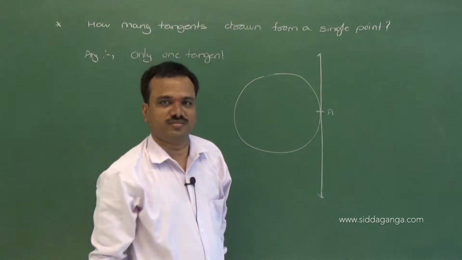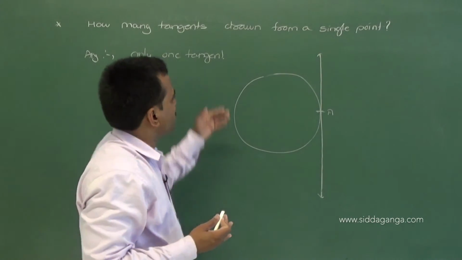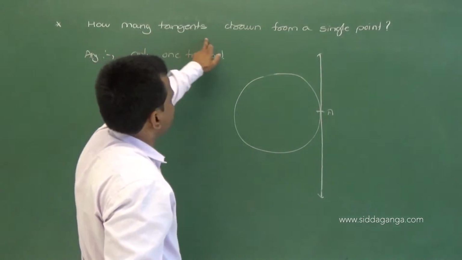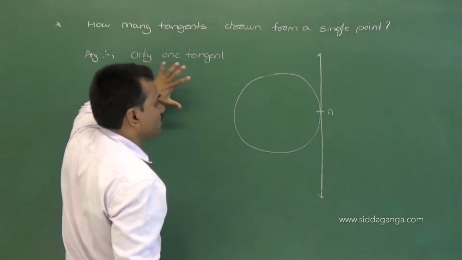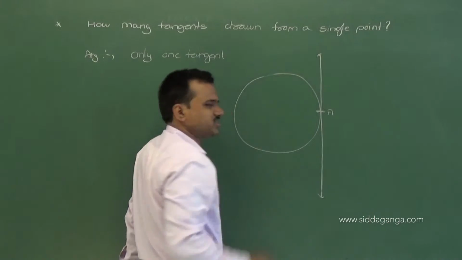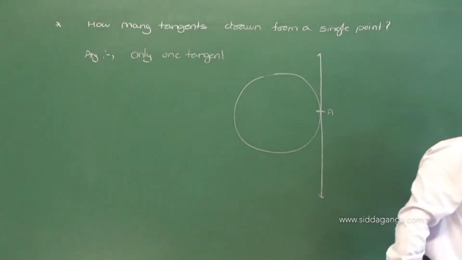This is the first question, first concept. I discuss in question and answer method because it is very helpful for your examination. Only one tangent is drawn from a single point. First question is over.